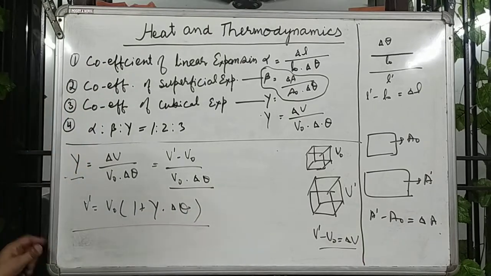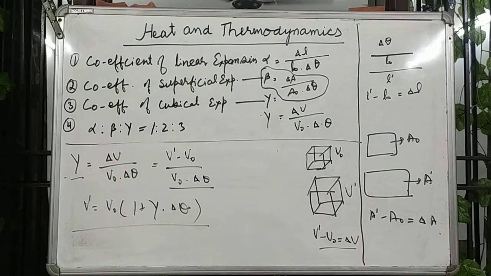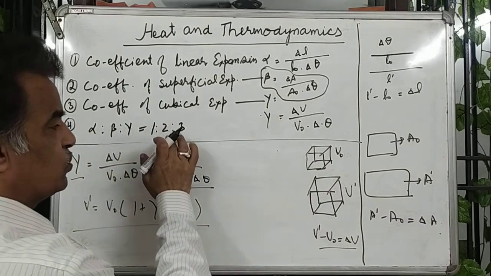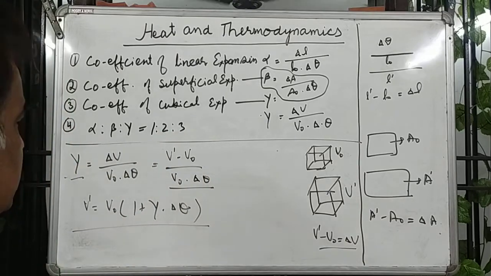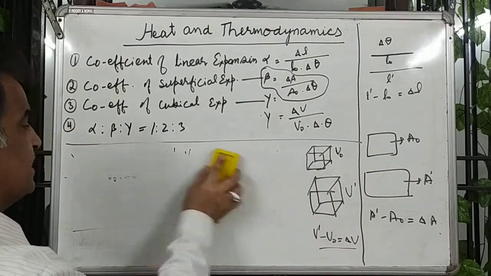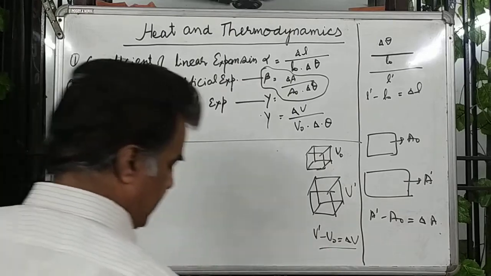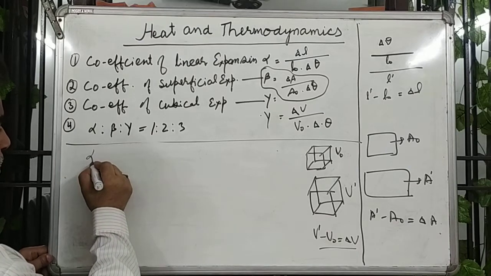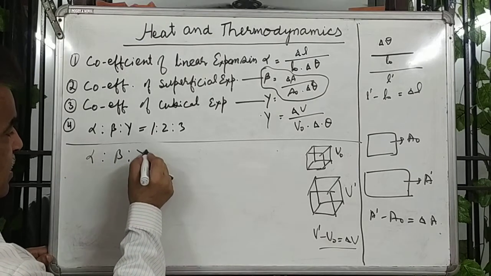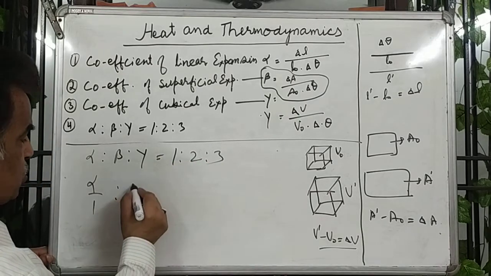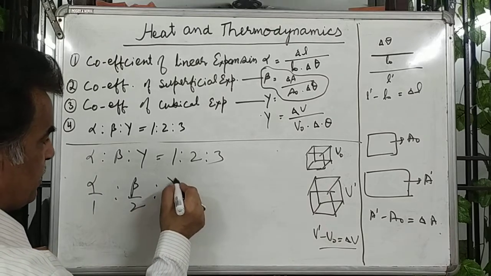So this is alpha, beta and gamma, and the relation between alpha, beta and gamma is 1:2:3. This is important to know. It is a mathematical aspect, but it is highly beneficial. That is, alpha ratio beta ratio gamma is 1:2:3. So alpha upon 1, beta upon 2 and gamma upon 3.